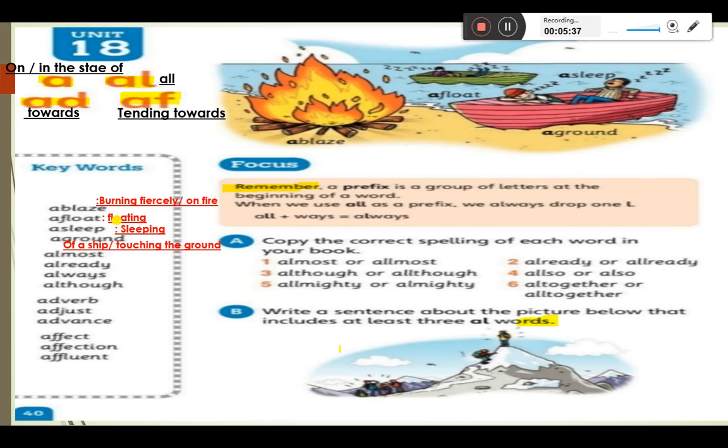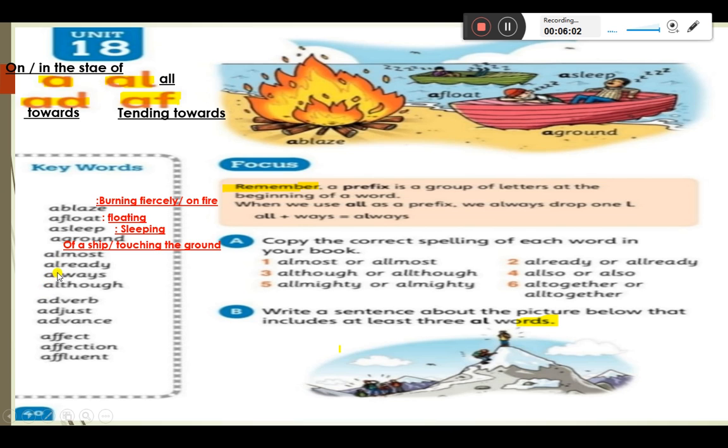Okay, so let's go to the second group of words here. Each one of these words begins with the prefix all. But here we have to remember something that is very important before discussing this second group of words.